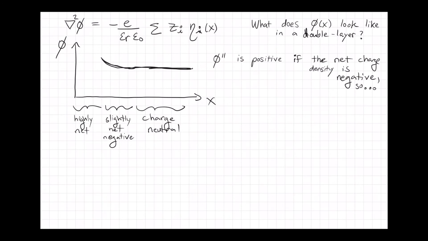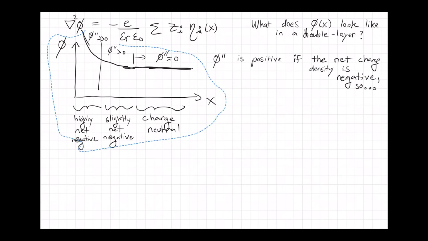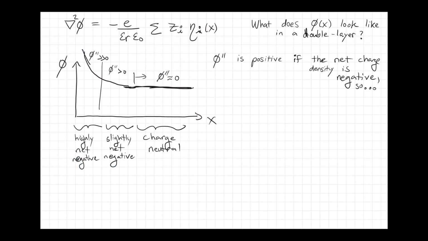In the example where there was a slight net negative charge, you would get a slight curvature in the electrostatic potential, and as you move closer, you would get an even more rapid change. So you have a voltage rise near that surface, which is what you would expect to see if there's a net negative charge buildup near the surface.